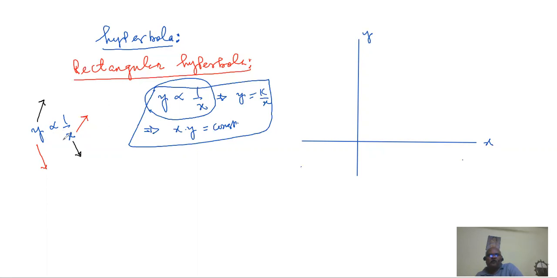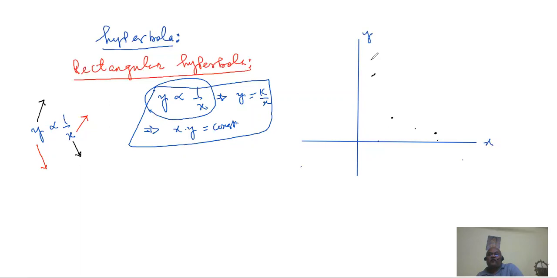So for large value of x, we'll be having small value of y. For small value of x, we'll be having large value of y. For medium value of x, we'll be having medium value of y. Then we are able to visualize the curve.